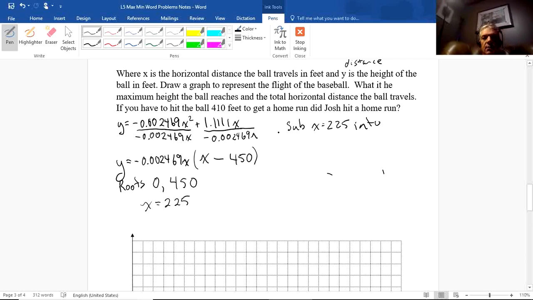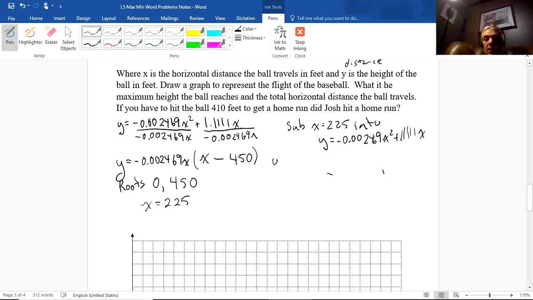So now what I'm going to do is sub x equals 225 into my original equation that was given to me, which is y equals this big long equation, minus 0.00249x squared plus 1.1111x. Okay, so what's this going to look like?